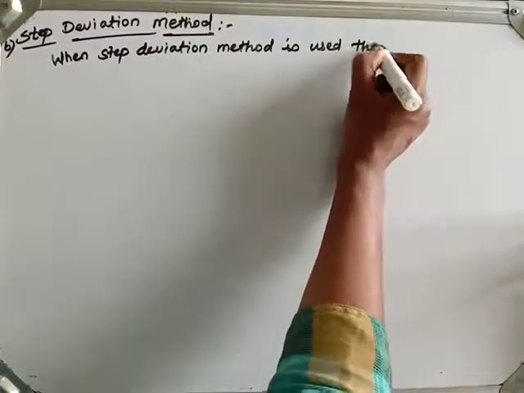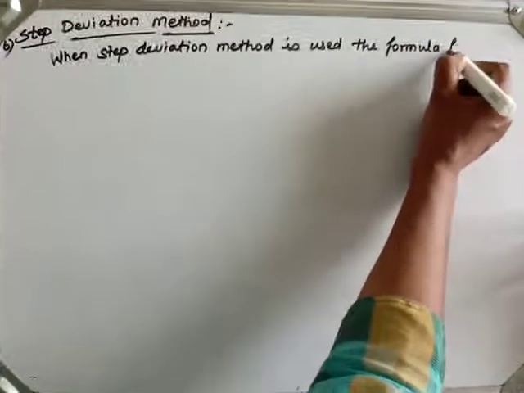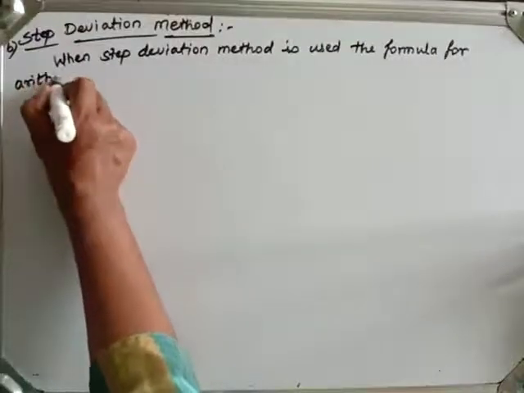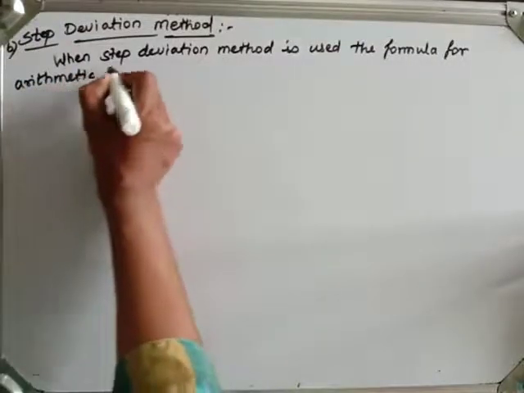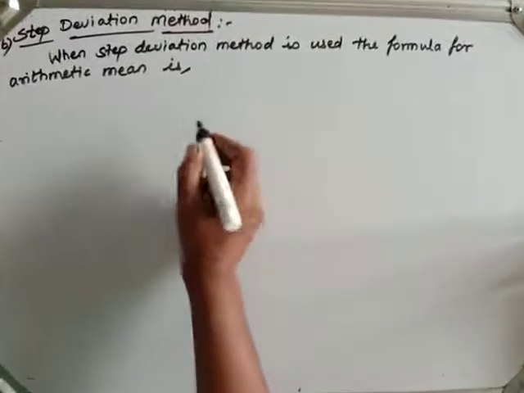the formula for arithmetic mean is, what is the formula?